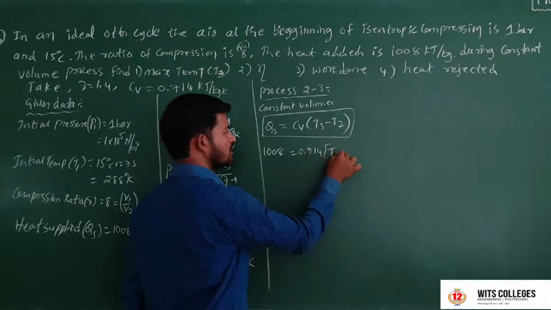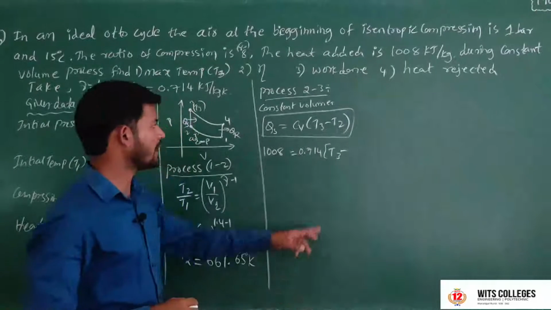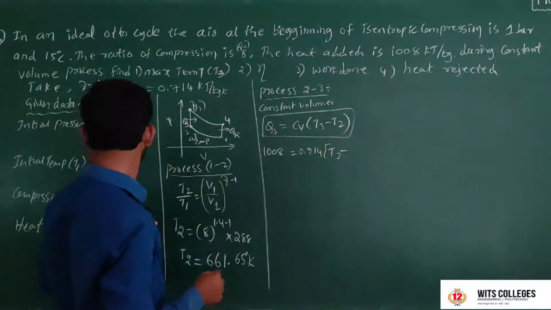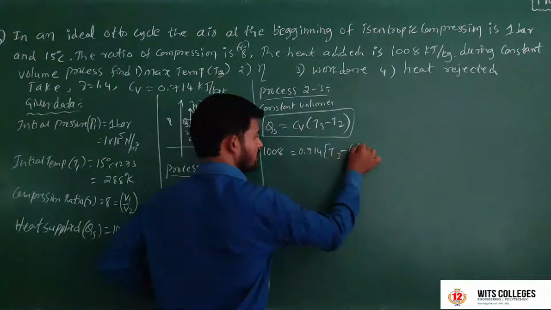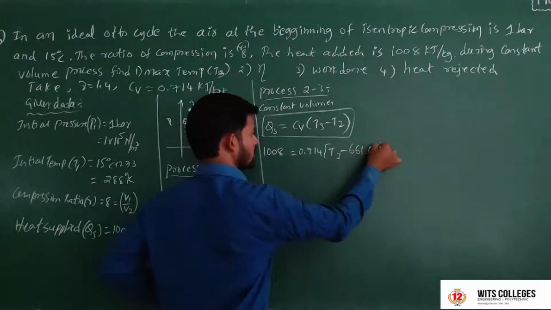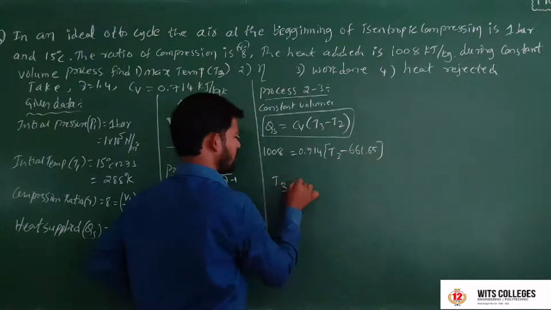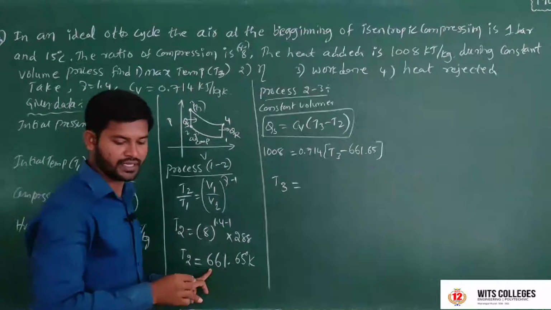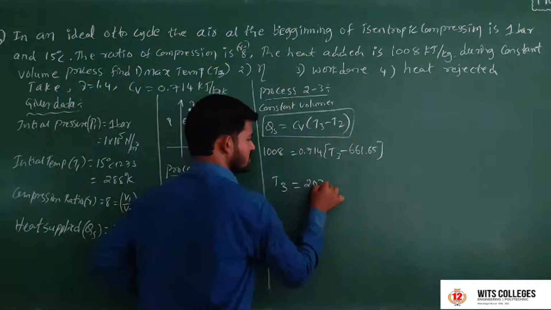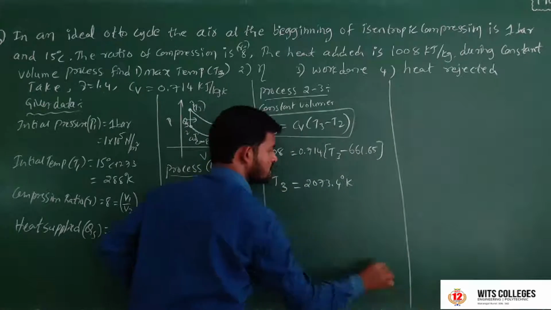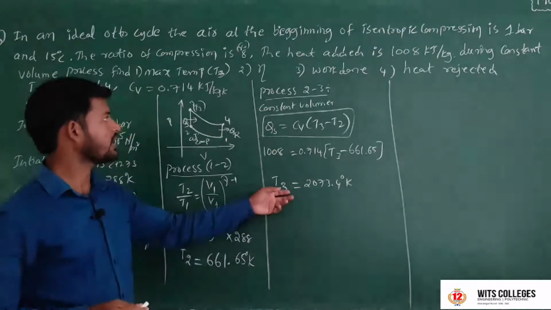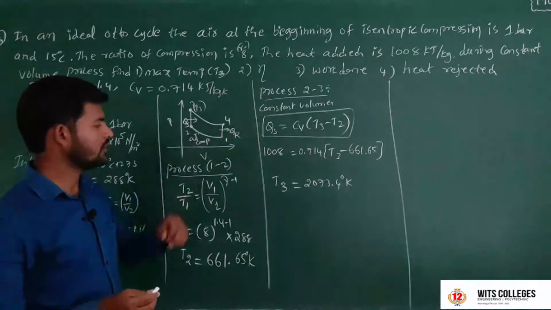T3 is not given, so we find it. T2 value is 661.65. Then we get T3 equals nearly 2073.4 degrees Kelvin, the maximum temperature.